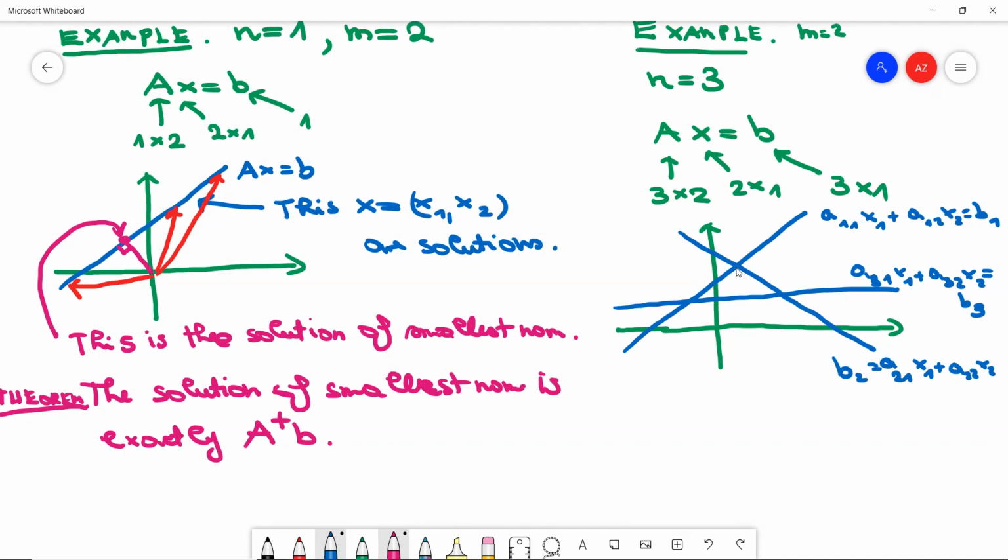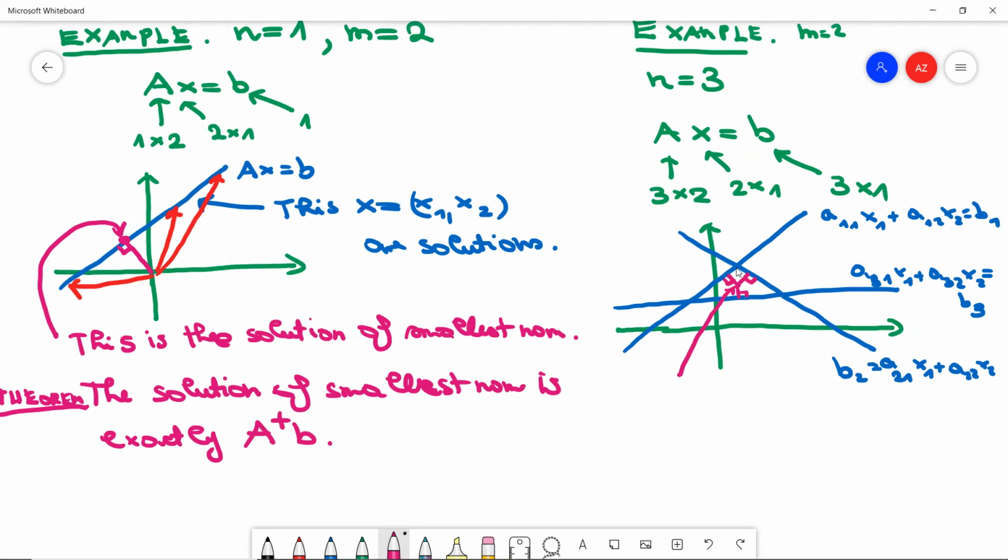But we would like to find the point in the plane such that the distances to all three lines are the smallest possible. So this distance, and this distance, and this distance, we have these three distances. And we would like a point such that the sum of those three distances is the smallest one.